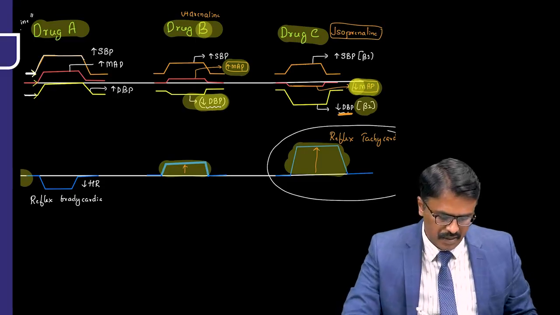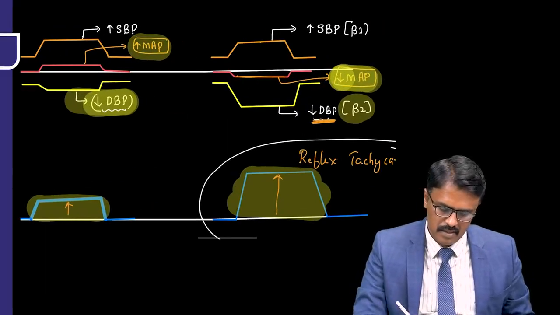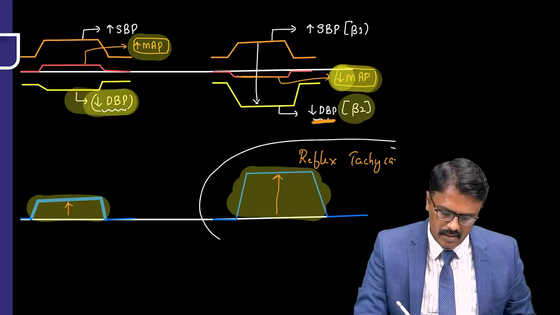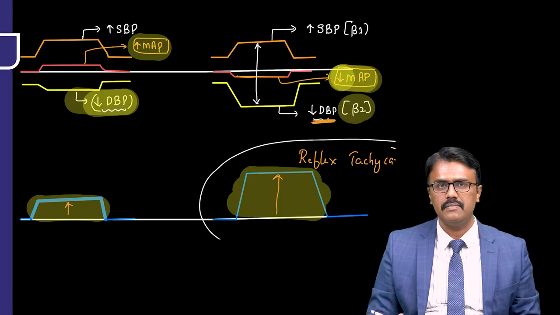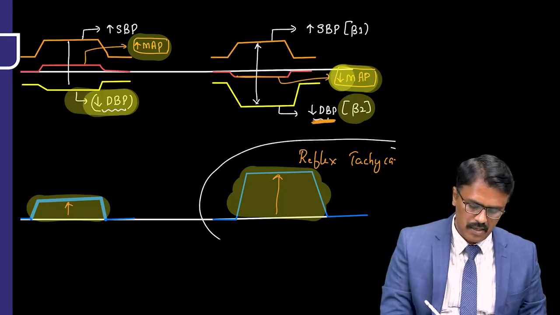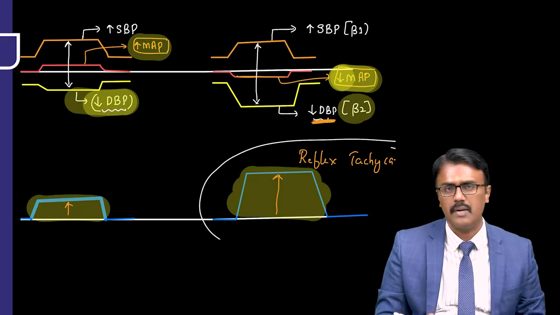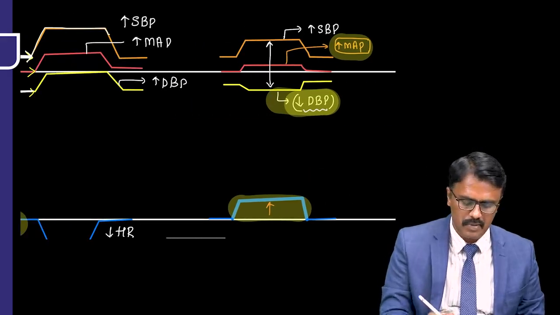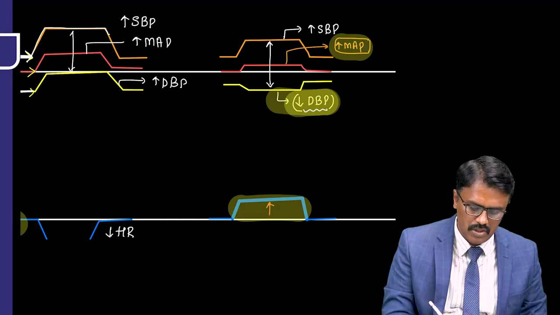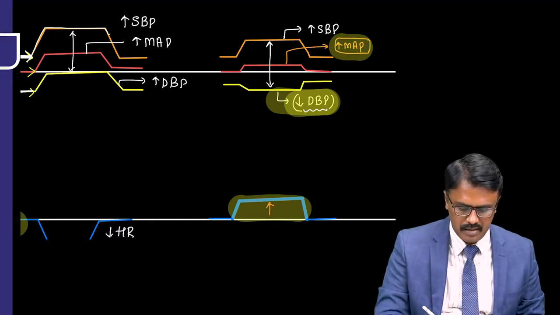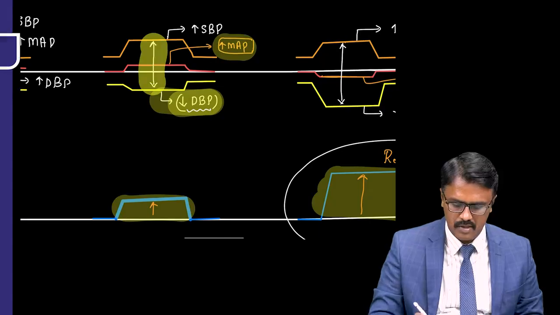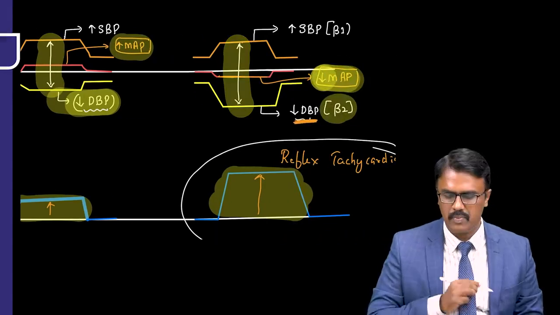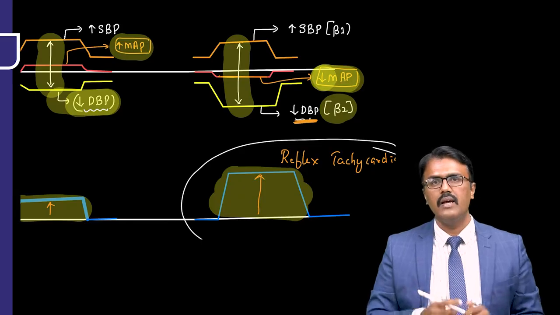Obviously, this difference is increased by isoprenaline. It is also increased by adrenaline, but not so much compared to isoprenaline. It is also increased by noradrenaline, but not too much. You can see the height here, and here. So the pulse pressure is maximally increased by isoprenaline.